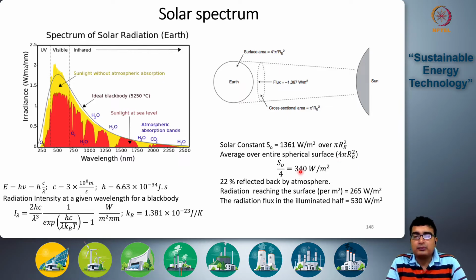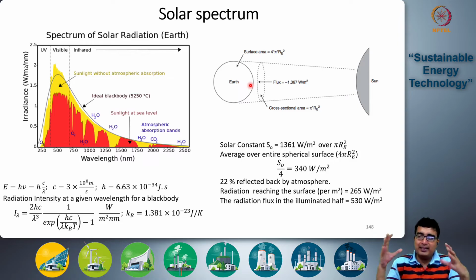Hence, the average solar flux per unit surface area of earth is S0, the solar constant, which is the flux at the earth-sun distance, multiplied by pi Re square, which is the total energy, divided by 4 pi Re square, which is the surface area of the earth.